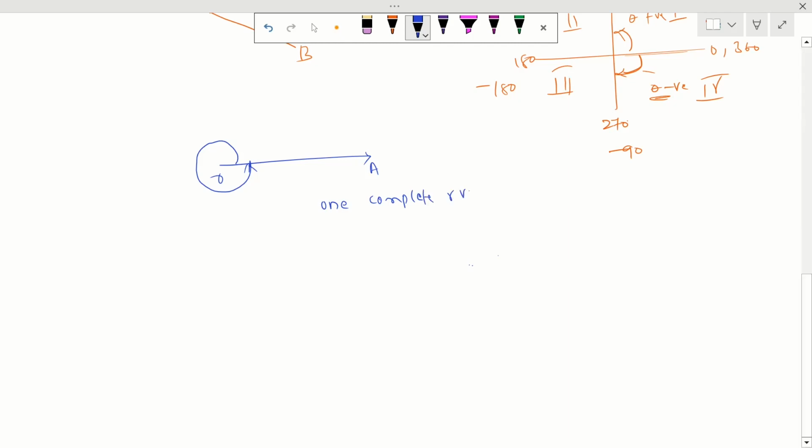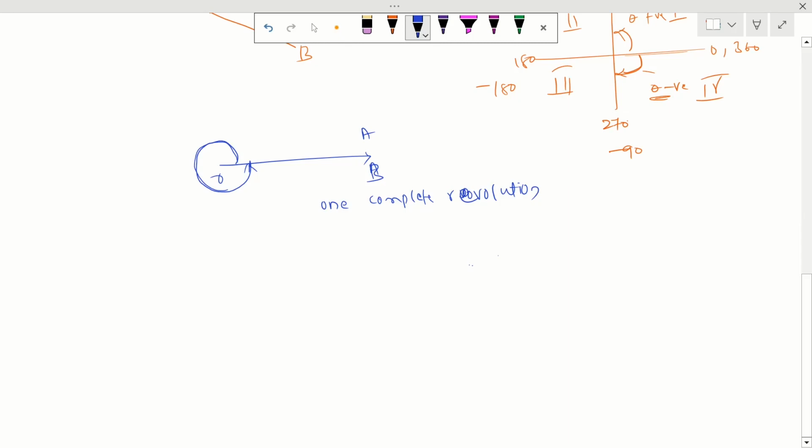One complete revolution. So from the initial point, here we can say OA, and OB.